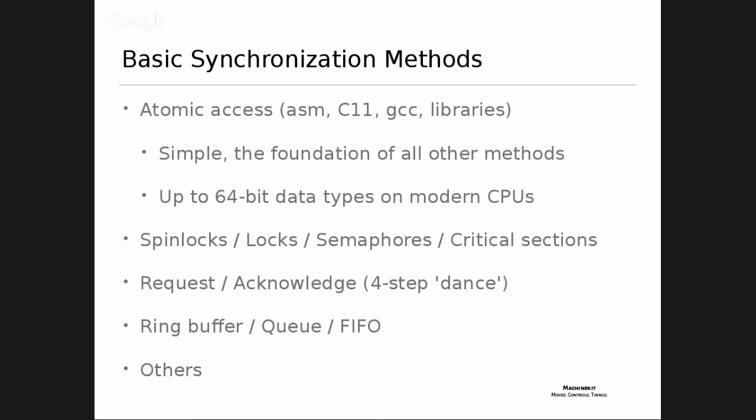You have a 4-step dance. It takes a minimum of 4 process or thread invocations to go through the entire loop. One side requests something, the other side sees it's requested something and does whatever's requested. Then it sets the acknowledge, the requesting side sees the acknowledge and clears its request. The other side sees the request was cleared, clears acknowledge, and then you can start over again.